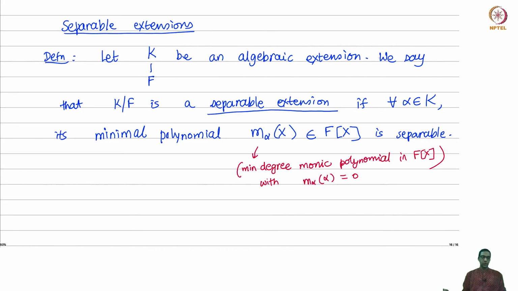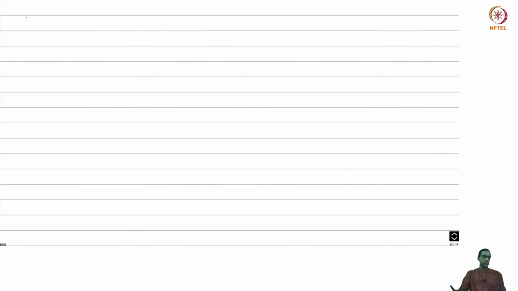Okay, so let's quickly write out a corollary to our discussion of perfect fields and so on. The nice thing here is that recall, if F has characteristic 0 or if it is perfect, then any irreducible polynomial is automatically separable. So that gives us a rich class of examples of separable extensions.